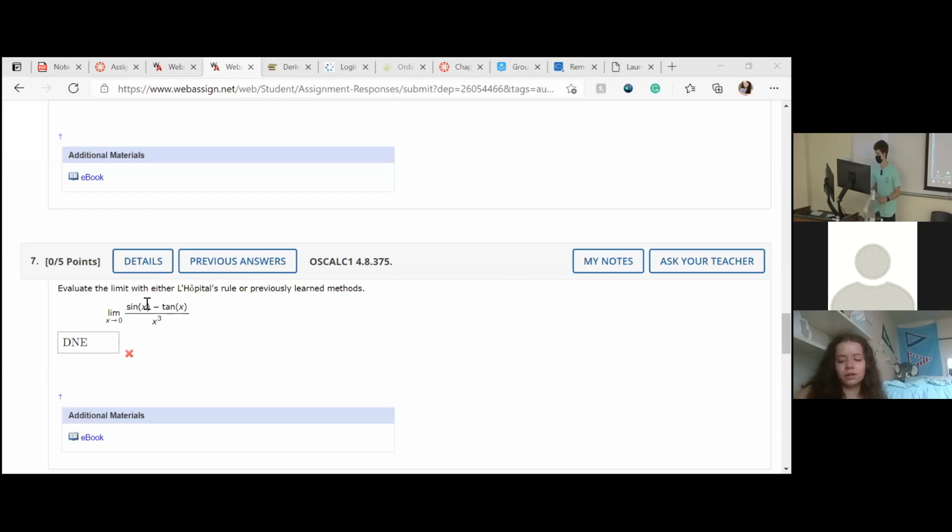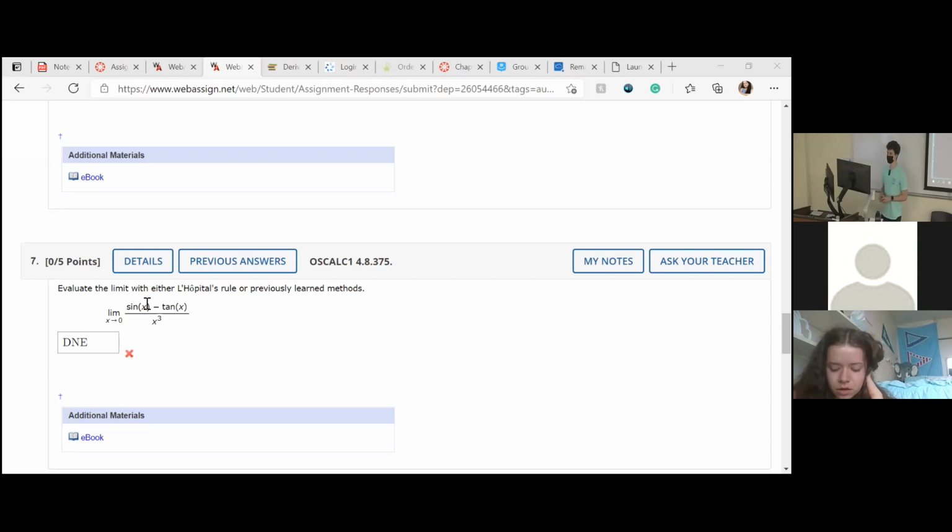Okay, so for 7, I found that I could use the rule, and then I took the derivative one time, and I got cosine of x minus secant squared x over 3x squared.